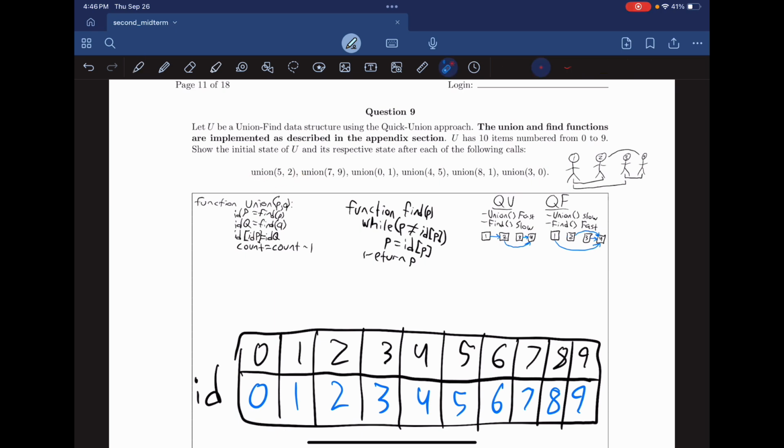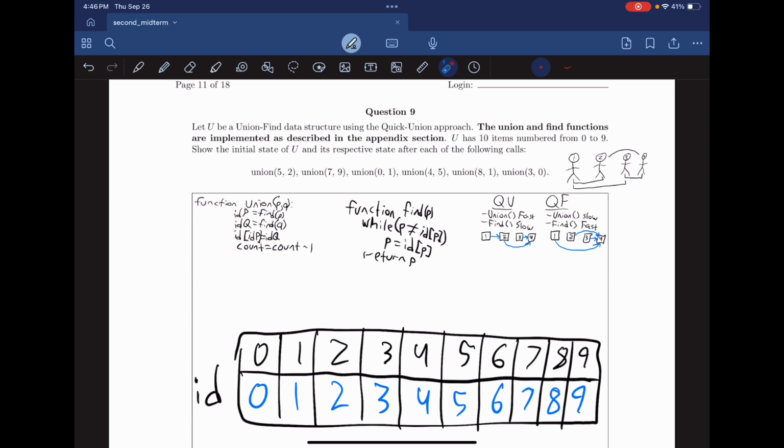So union of 5, 2. This sets the P for union to be 5 and the Q to be 2. The first line we're going to do is IDP equals find P, so IDP equals find 5. So we go to the find function, find 5. It says while 5 does not equal ID of 5, then we set P equal to ID of 5.